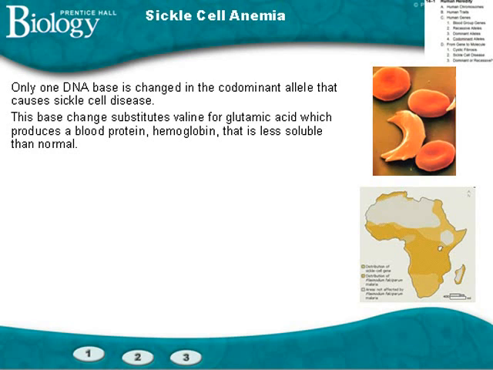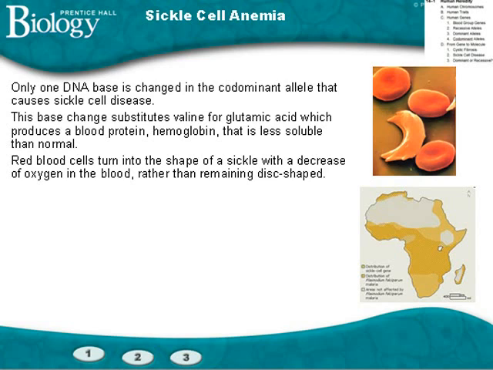So what happens is that one base was changed, like adenine was changed to a thymine, and as a result, the amino acid valine is substituted for glutamic acid in hemoglobin, which is a protein found in your blood. And what happens is that the blood turns into a sickle shape, like this, rather than the healthy disc shape like that, when there is a decrease in oxygen in the blood.